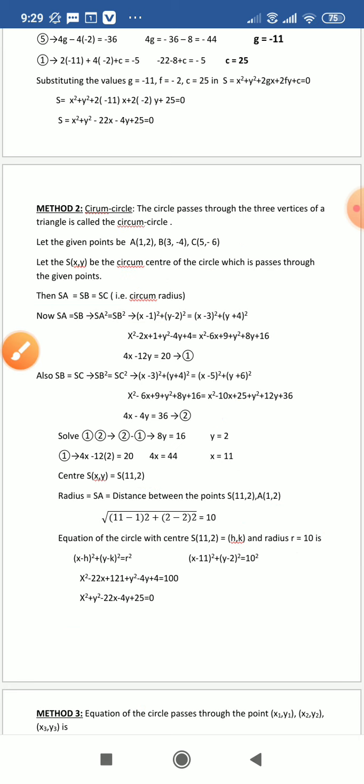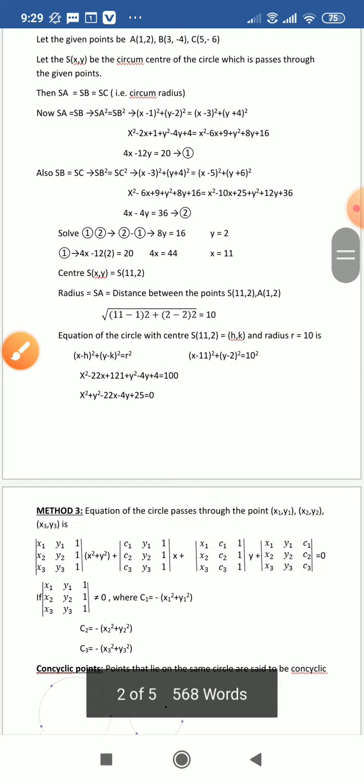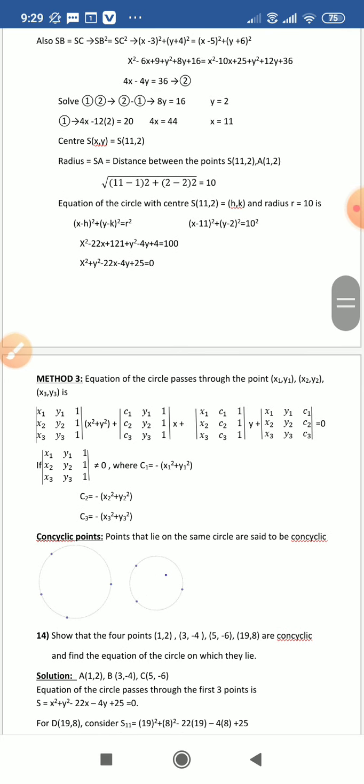Okay. There is another method, method 3. I think this is easy, but we find the determinants. You know the determinant in mathematics. So by using the determinants, we find the third method. Third, I explain only. In the third method, let the given points be x1, y1, x2, y2, x3, y3.